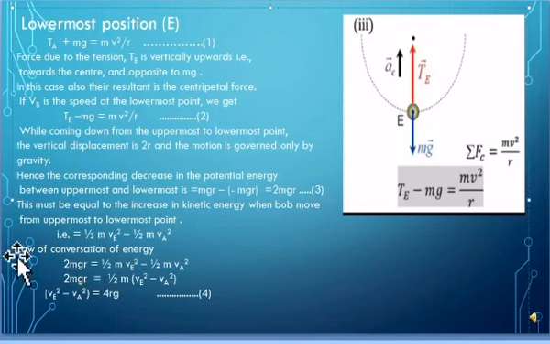By using the law of conservation of energy, we can write that the decrease in potential energy is equal to the increase in kinetic energy, which I have written as 2mgr is equal to half m VE square minus half m VA square. VE is the velocity at position E, that is the lowermost position. By simplifying, I get the equation VE square minus VA square is equal to 4Rg.